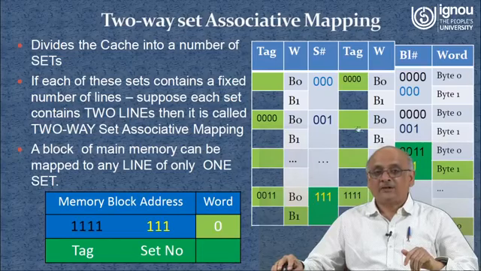All these addresses are once again in decimal just to facilitate the learning. Suppose I am looking for memory location number 28, and the mapping scheme is fully associative. As we said, like any of the meeting rooms, this particular address can be found in any of the locations.